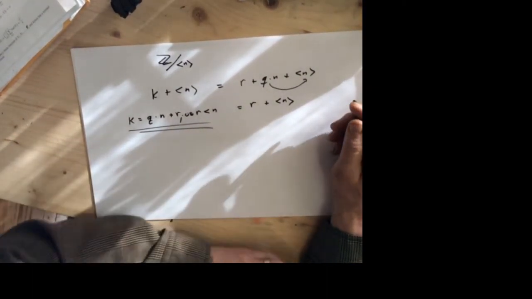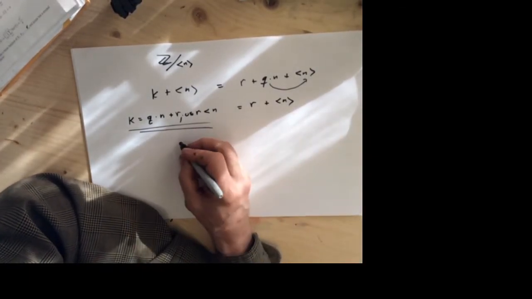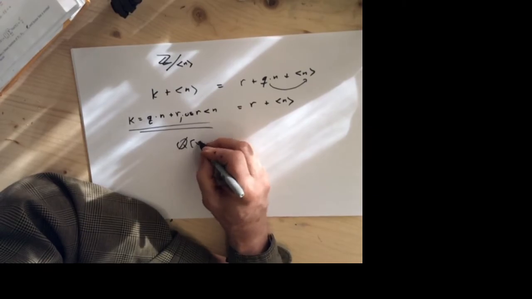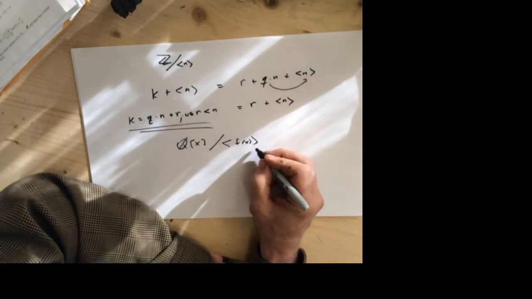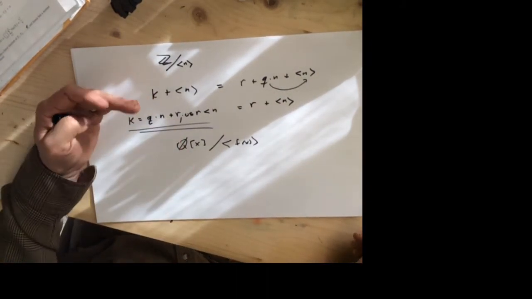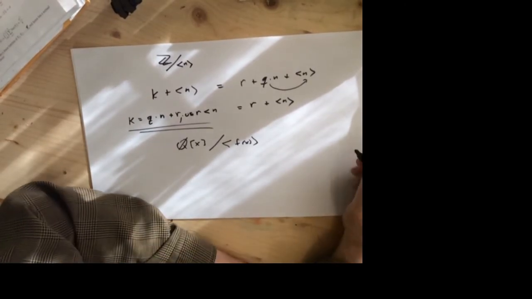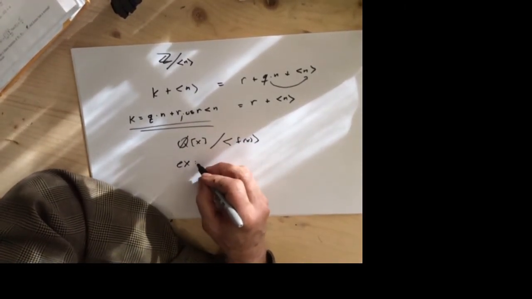So now the question is, how can we do the division algorithm for Q of x mod all multiples of a polynomial? But in order to be analogous, that polynomial needs to be irreducible. So let me do an example of this.